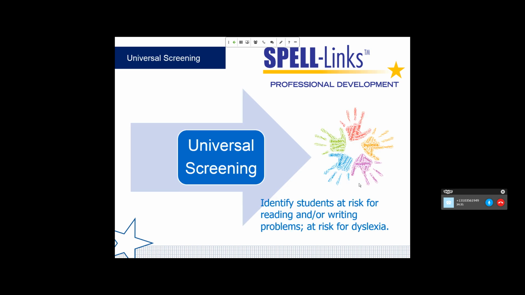So as you know, most states either are or very soon will be mandating universal screening for all students in order to identify students who are at risk for reading and writing problems, and specifically to identify students who are at risk for dyslexia.